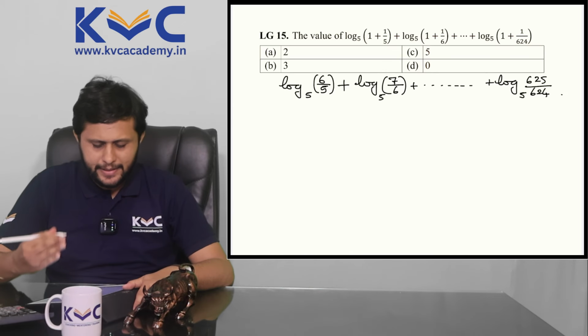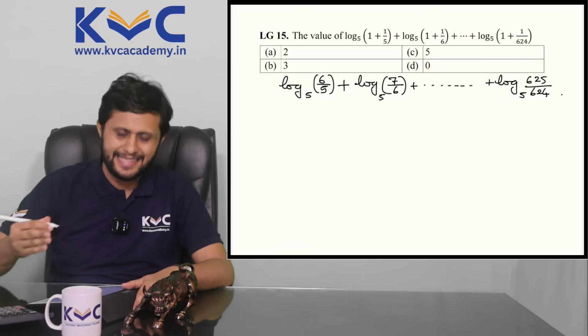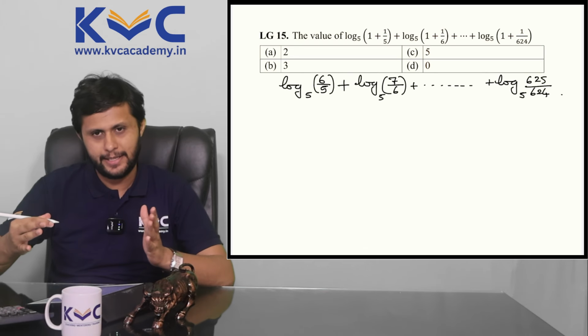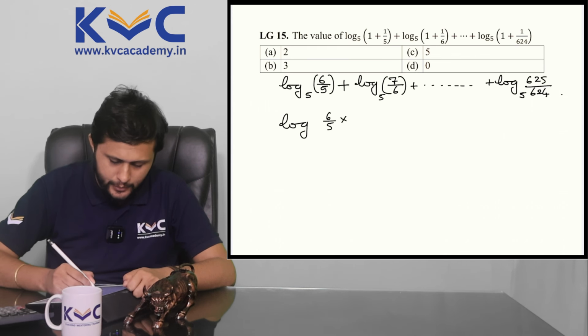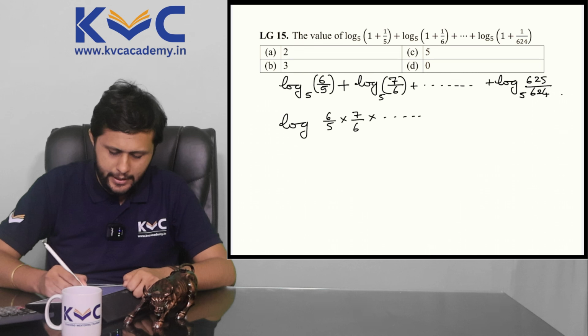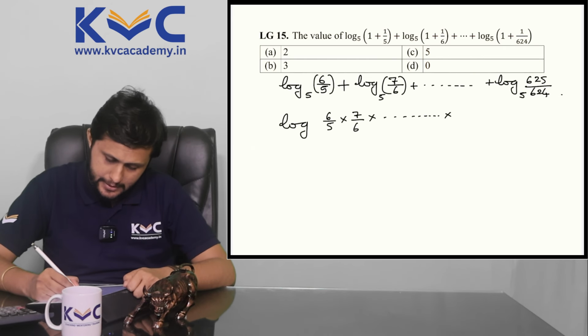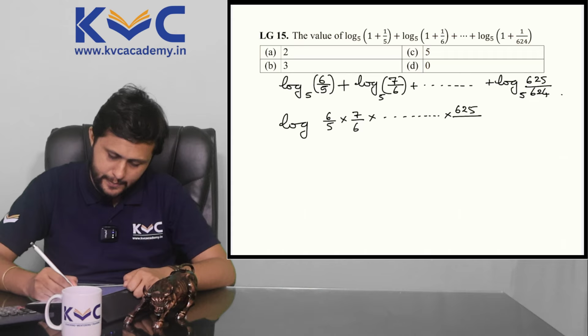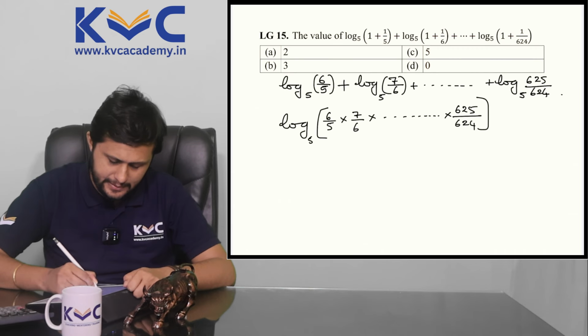Now we have log m plus log n plus log o, p, q, r, s, t goes on. It is plus sign in between, but we have logs separated by plus signs. So this will be equal to log of 6 into 5 into 7 into by 6 into, it goes on and on and on till we get 625 by 624 to the base 5.